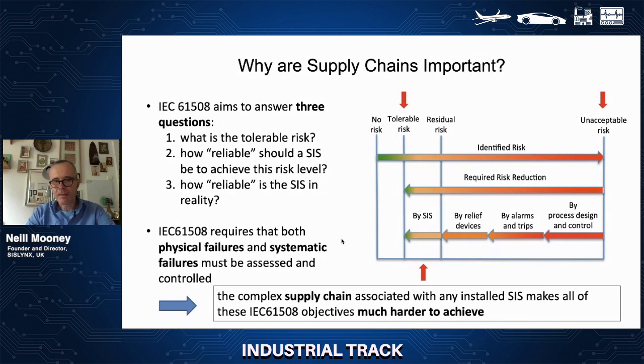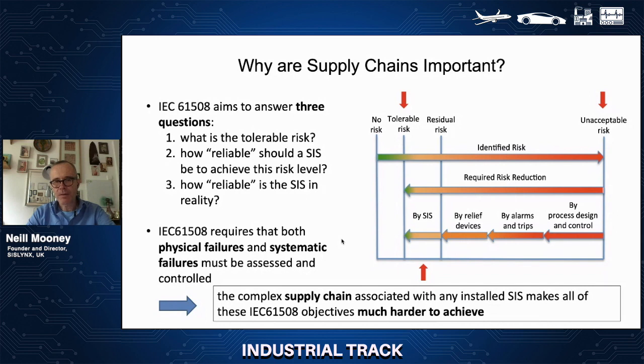So the point here is that the complex supply chain associated with any installed SIS makes all of these objectives much harder to achieve. How, for example, should a component manufacturer think about tolerable risk? What is the relationship between a component and the overall SIS designed reliability and also operational reliability?